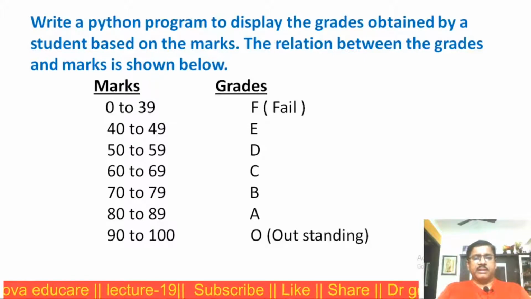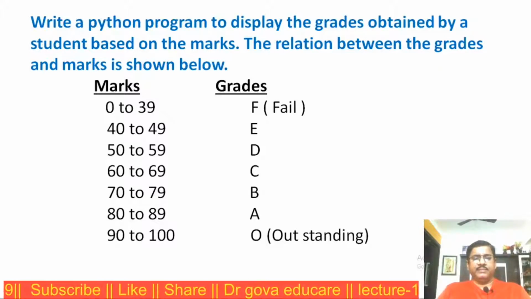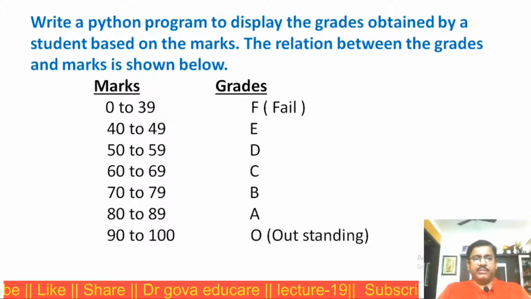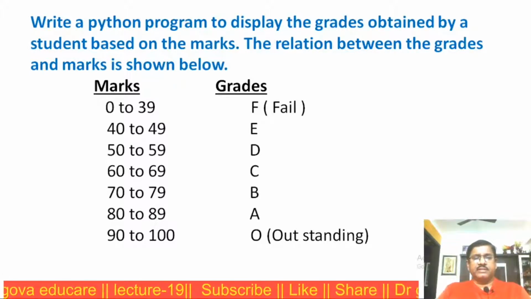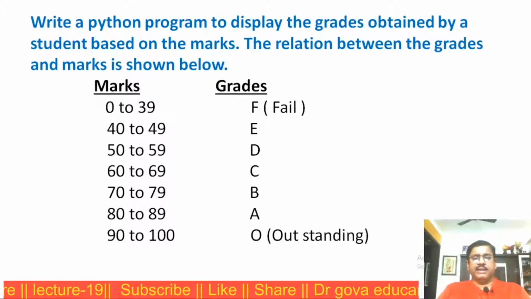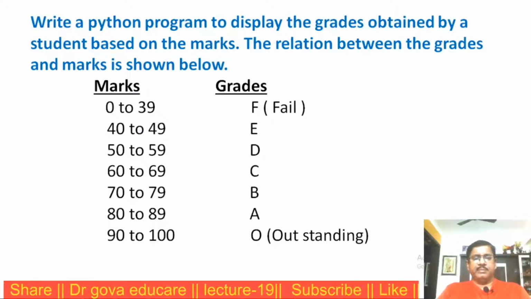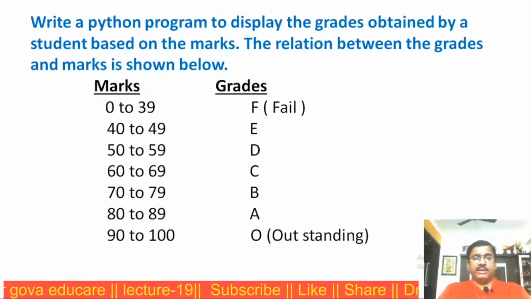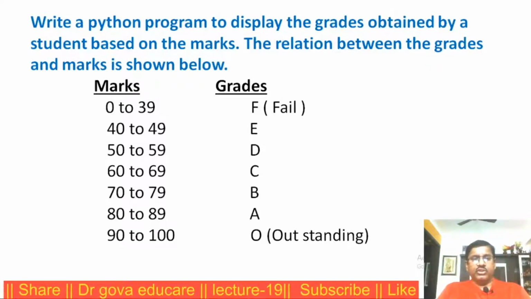Marks 40 to 49, the grade is E. 50 to 59, grade D. 60 to 69, grade C. 70 to 79, grade B. 80 to 89, grade A. 90 to 100, grade O, that is outstanding.